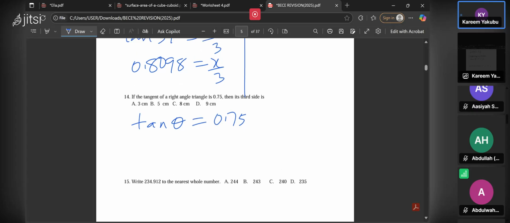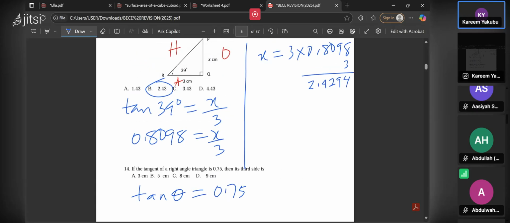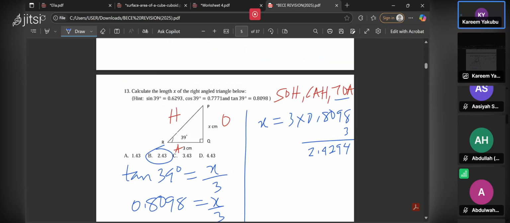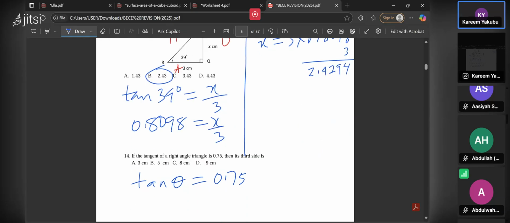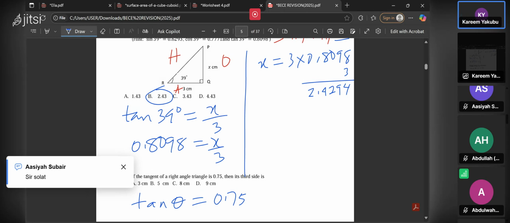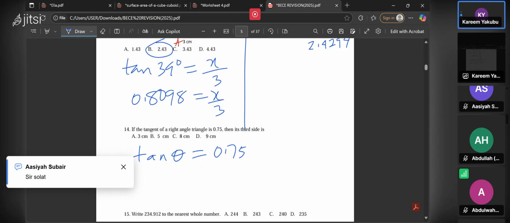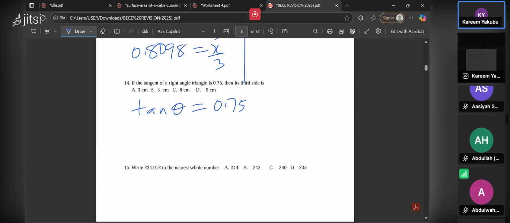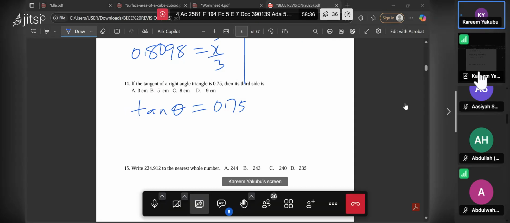Okay, I think something is wrong with this question. Wait, let me see. Something is missing. There should be a diagram here, but I don't know. Mr. Maruf, are you still there? Yes, sir, I'm with you, sir.